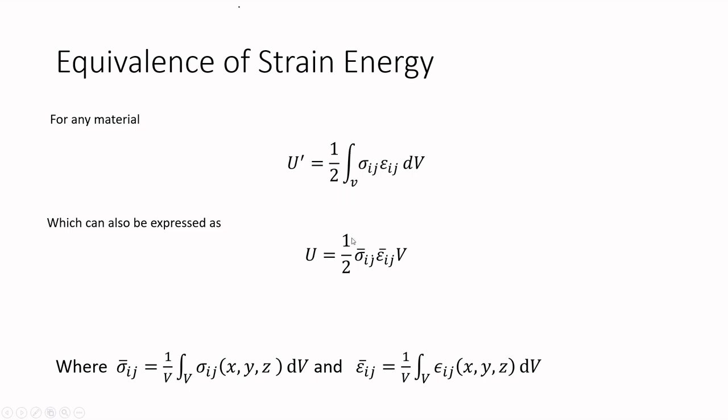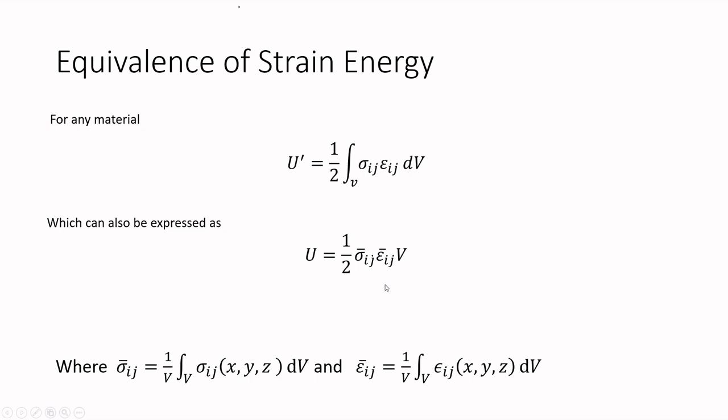Generally for homogeneous material it is written as average stress and average strain in the material, and when multiplied with the total volume it gives the total strain energy. But this expression of strain energy is also applicable for heterogeneous material as well.